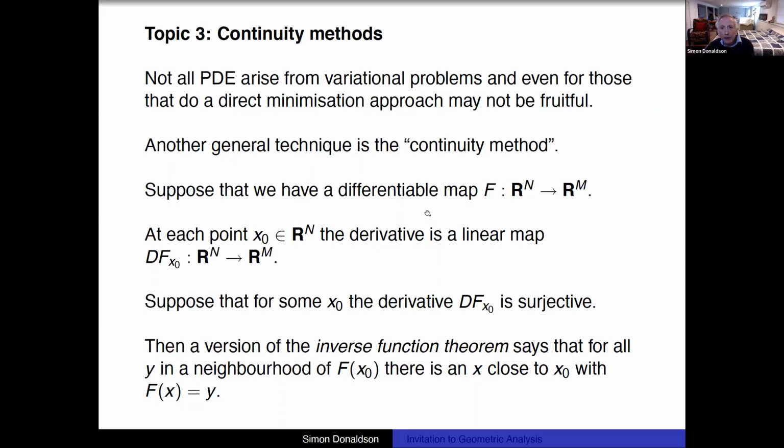If we have a differentiable map from Rn to Rm, then supposing we have a point in Rn where the derivative of this map is surjective, then a theorem, some kind of inverse function theorem version of that, says that if we take any y in a suitable neighborhood of f of x0, we can solve the equation f of x equals y, where x is close to x0.